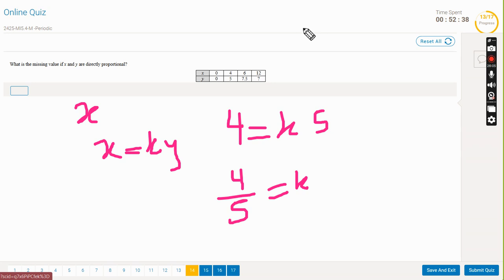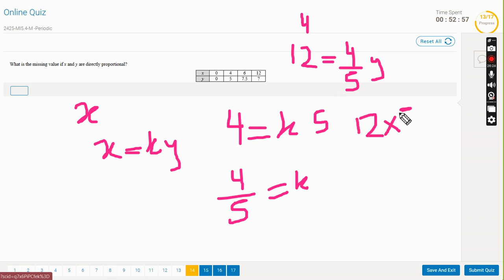What you can do here is write 12 is your x, 4 over 5 is your k, and y is your equation. So 12 times 5 over 4. Then here, 12 times 5, you know it's 60, divided by 4.